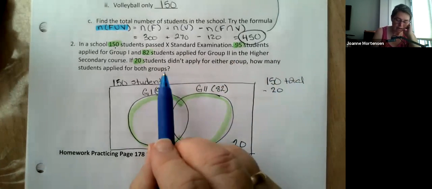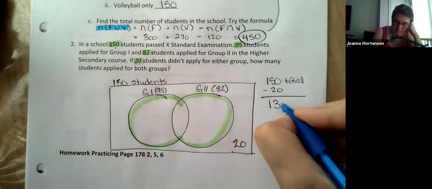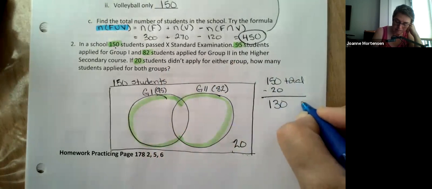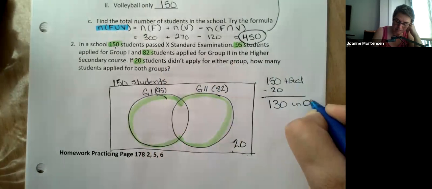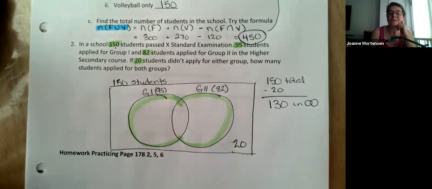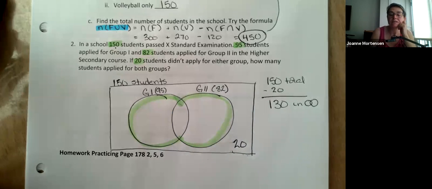Now these 20 are the ones that didn't apply. I don't know what this is in the union. So in my circle has to be 130 students. Let's see if the math works out right now.